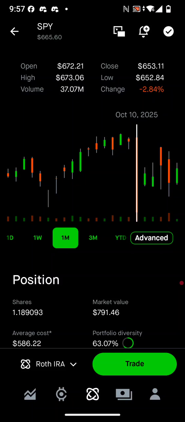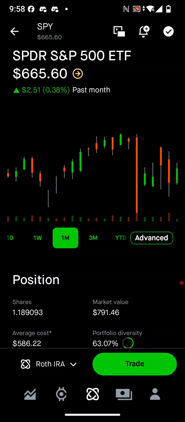It opened at 672, went as high as 673.06, an all-time high, and then closed at 653.11, but it went as low as 652. That big red candle, we call a boom boom candle.